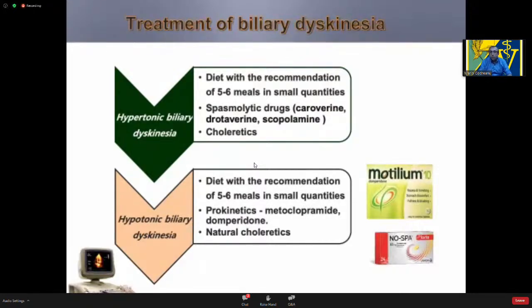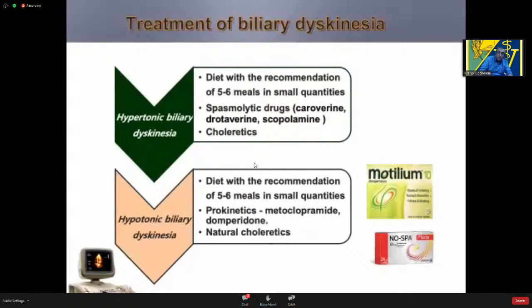But in addition, spasmolytic drugs, and we can recommend here drotaverine, caroverine, scopolamine as active substances, and in addition to these, of course, cholinergic substances in order to obtain an important contraction and to make the bile proper in order to be ejected from the gallbladder.